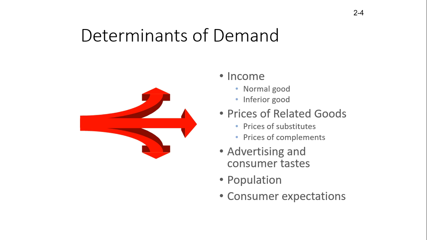So with perfect complements, an increase in the price of good X will reduce the demand for both goods. Okay? A reduction in the price of good X will increase the demand for both goods. Why? Because these goods move in tandem. You cannot increase the demand for one and reduce the demand for the other. They move together. You cannot have more of one and less of the other.